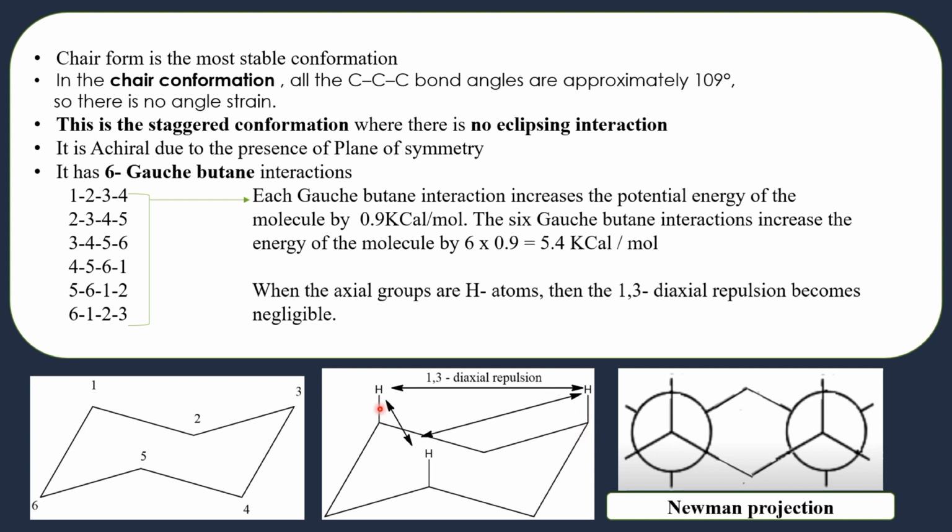These two axial bonds will repel each other. As long as these are hydrogens, the repulsion becomes negligible. Instead of hydrogen, if you have some other bulky groups, this 1,3 diaxial repulsion will raise the energy of the molecule considerably.